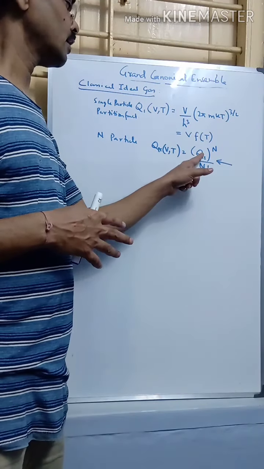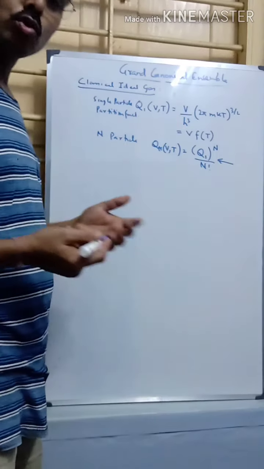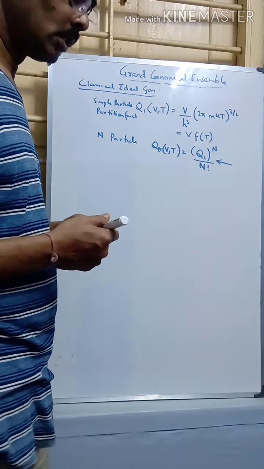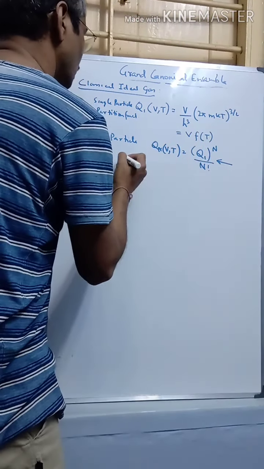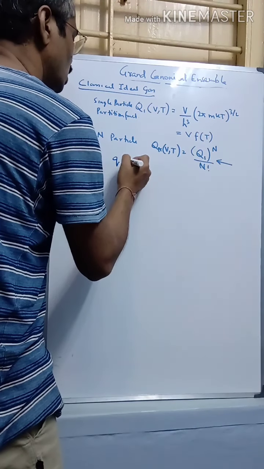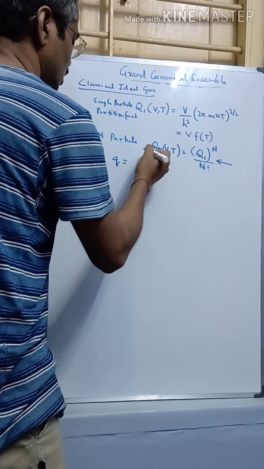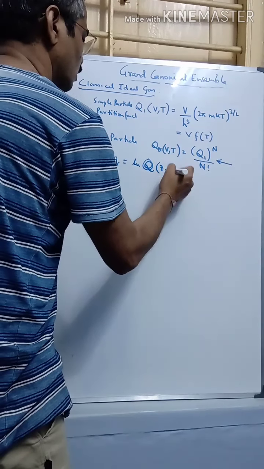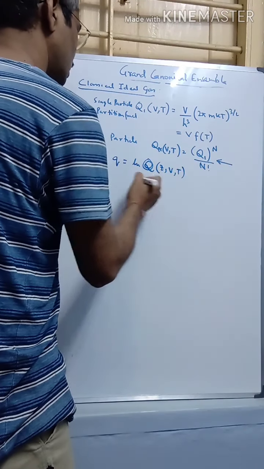Okay, let us now try to use the prescription which we just mentioned. So the first thing is, what would be my Q potential? Q potential is nothing but equal to ln of grand canonical function, which is a function of z, V, T. And what is Q?